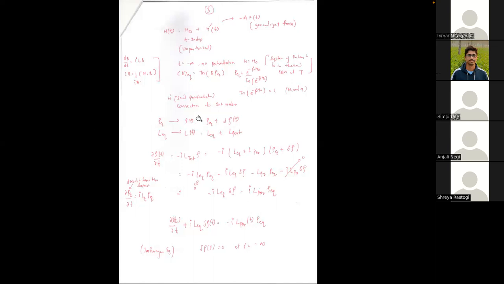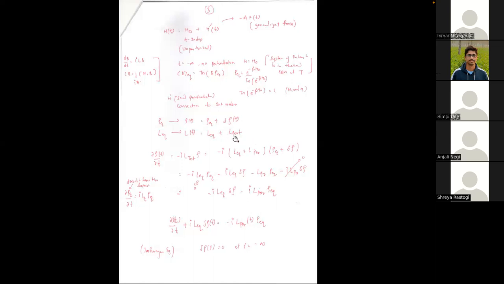Now if you apply this perturbation, this rho equilibrium will change to some rho which is a function of t, equal to rho equilibrium plus delta rho, the change in the equilibrium. Similarly, L will also change from L equilibrium to L equilibrium plus L perturbation.